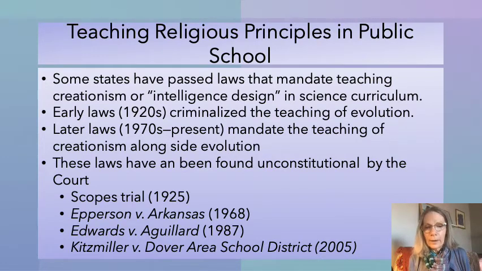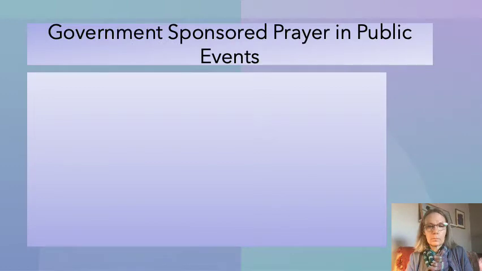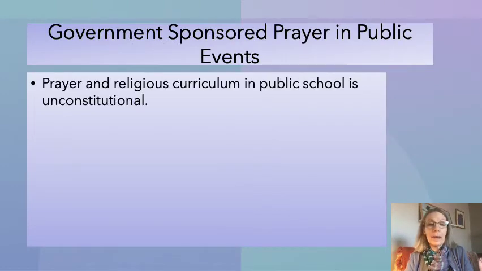The Dover School District in Pennsylvania had a policy that taught intelligent design as a legitimate scientific theory, and the federal court said no, intelligent design is just a rebranding of creationism, and it too is unconstitutional because it violates the Establishment Clause.